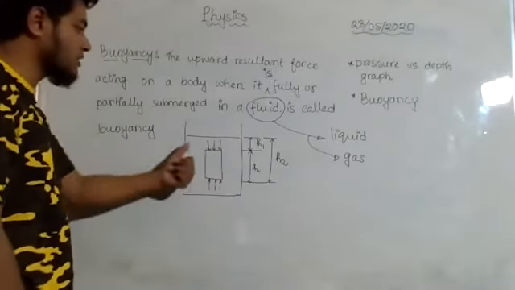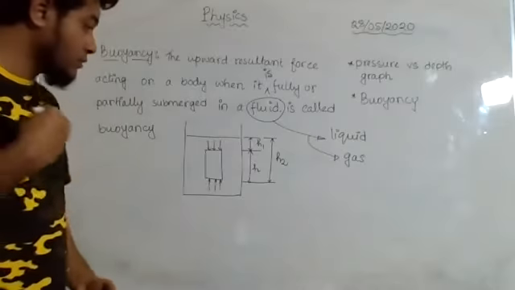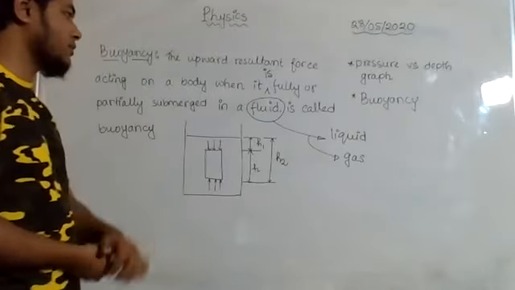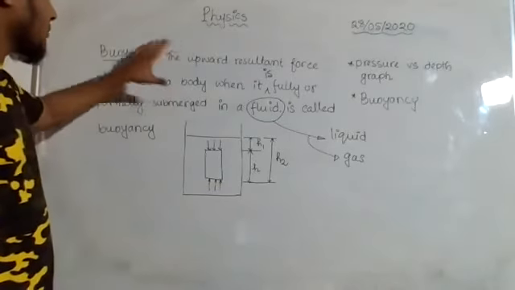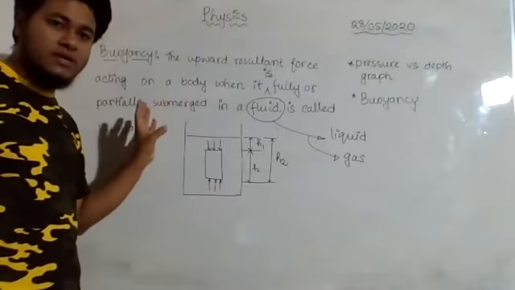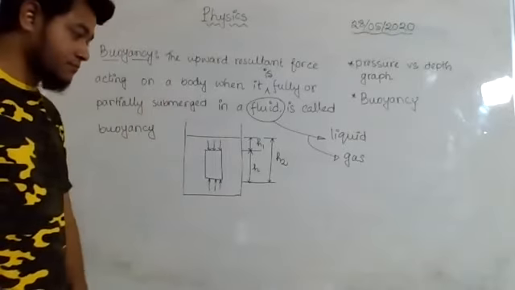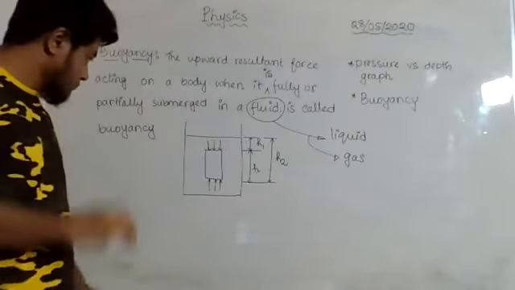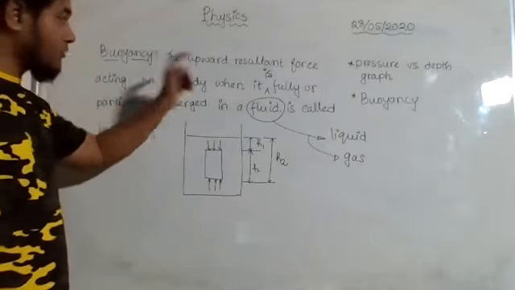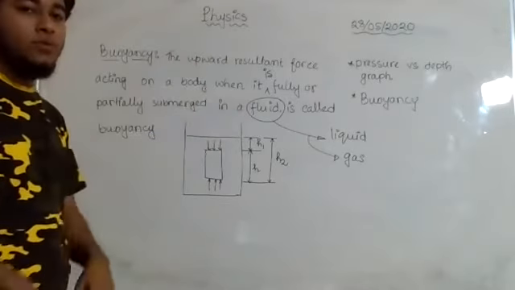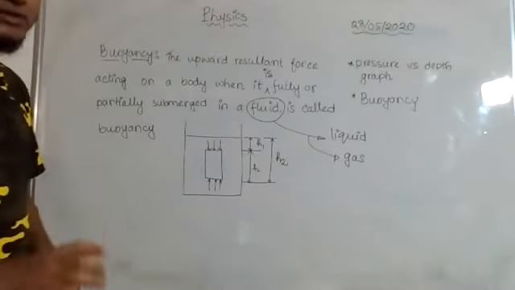So the upward resultant force, now we will be doing some calculation regarding this. But before that, I want to know, is there any confusion in this definition? I will explain why it says upward, why it can never be downward. I will explain that later.